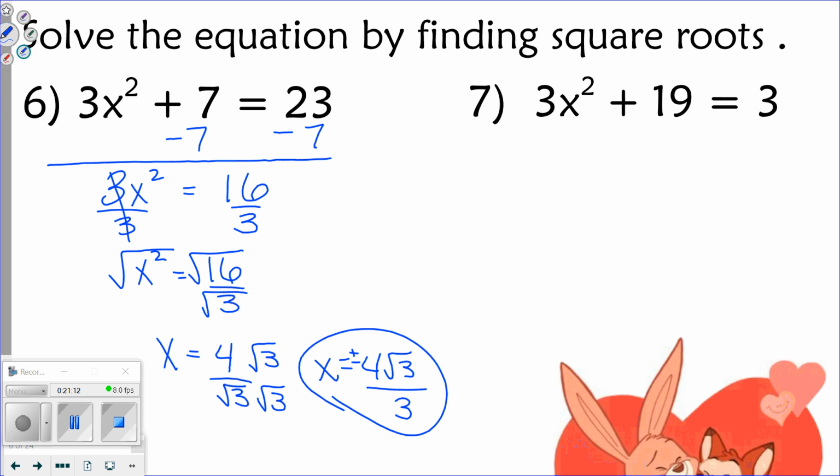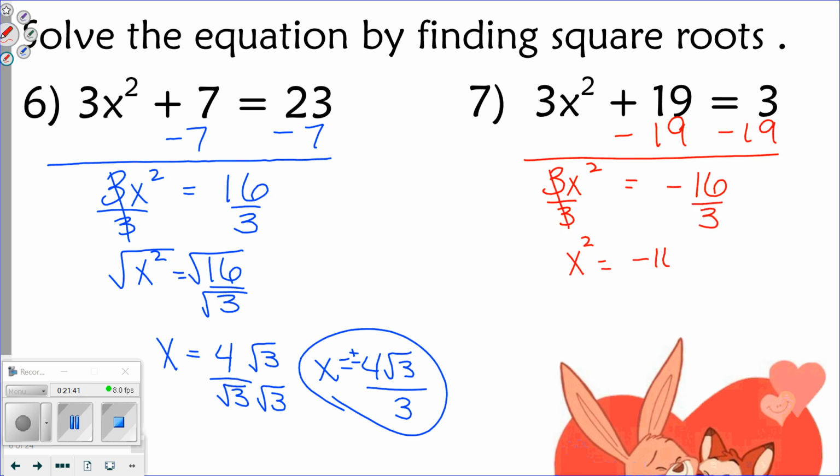All right, number 7. What do you do first on 7? Looks very similar to this same setup, right? Why would I put this problem on here? Yep. When you subtract the 19, you get 3x squared equals negative 16. Divide by 3.